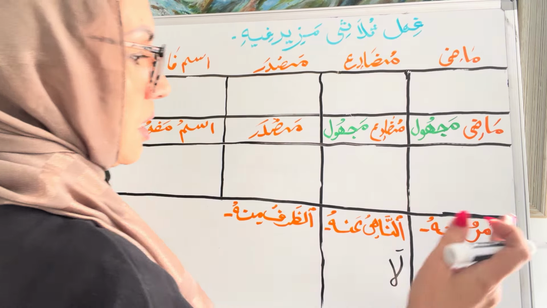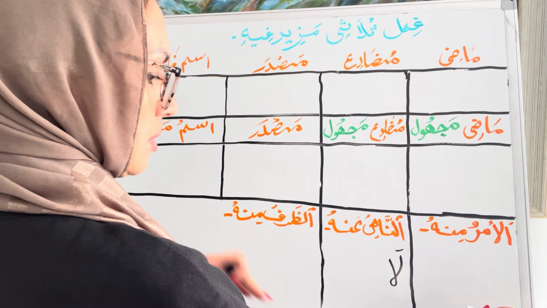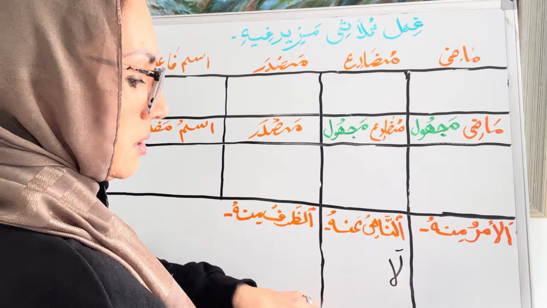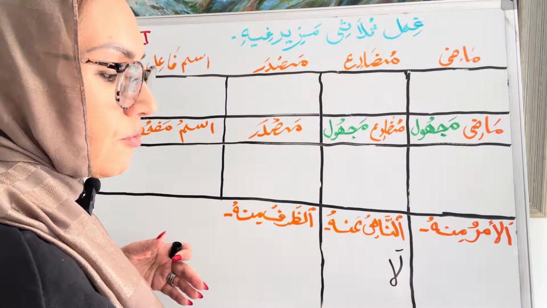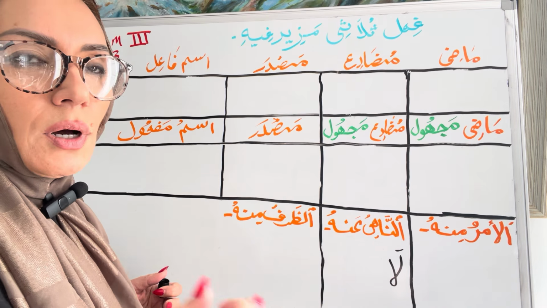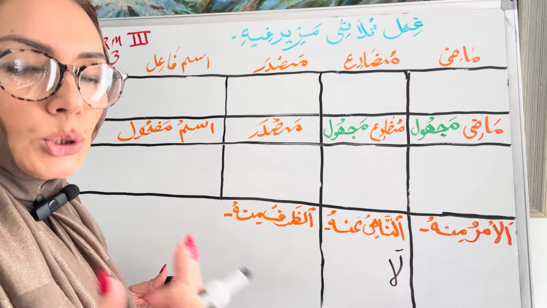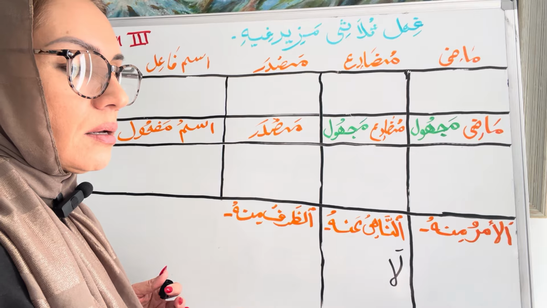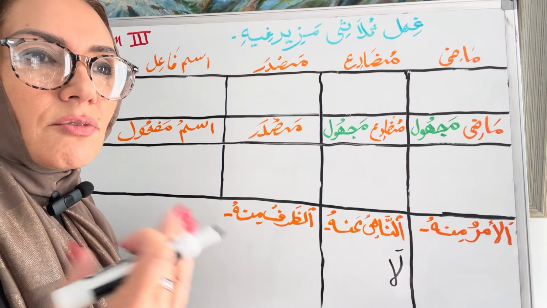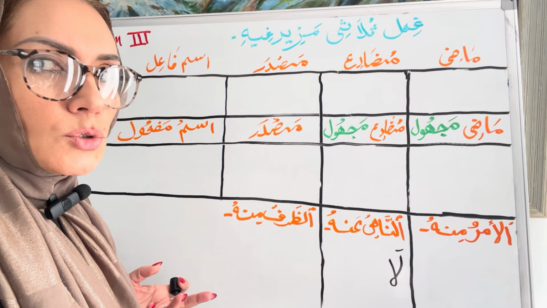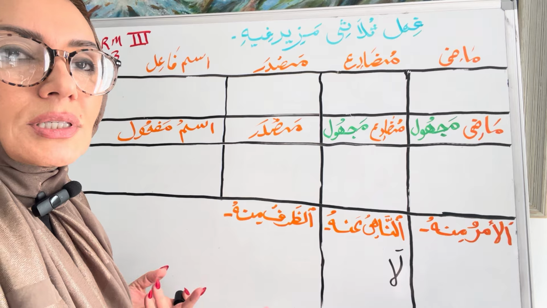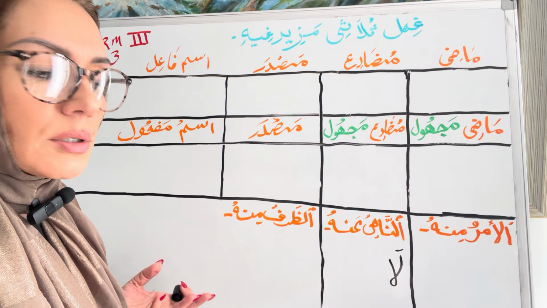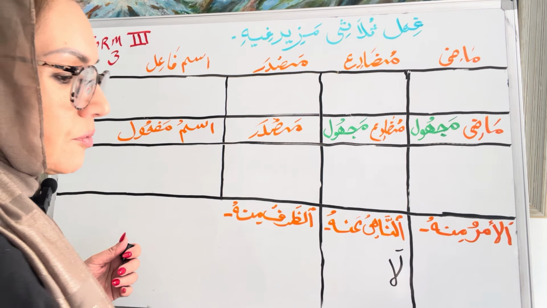Okay, it doesn't have to be the specific, but that's what I have, so you guys can use this as your template going forward. We want to use verbs that are very easily and commonly used, so when we're practicing it and memorizing it, it's easy to remember instead of picking a difficult verb that's not so common. Like allama yu'allimu, that's mu'allimun, that's very common, right? So try to use verbs like that.